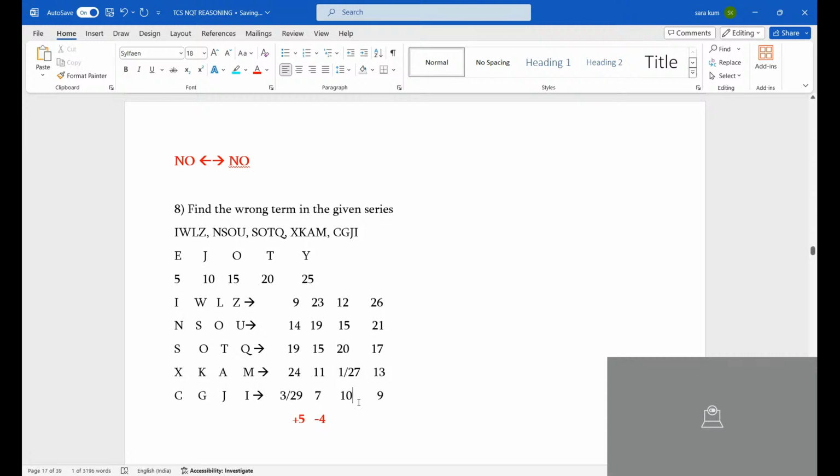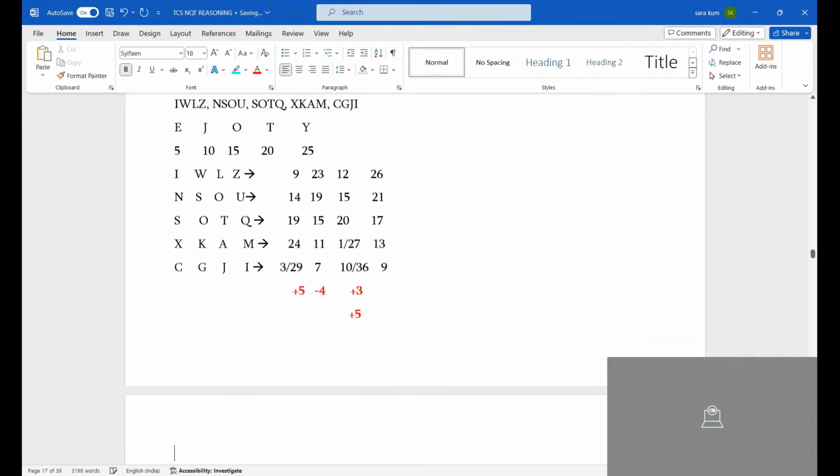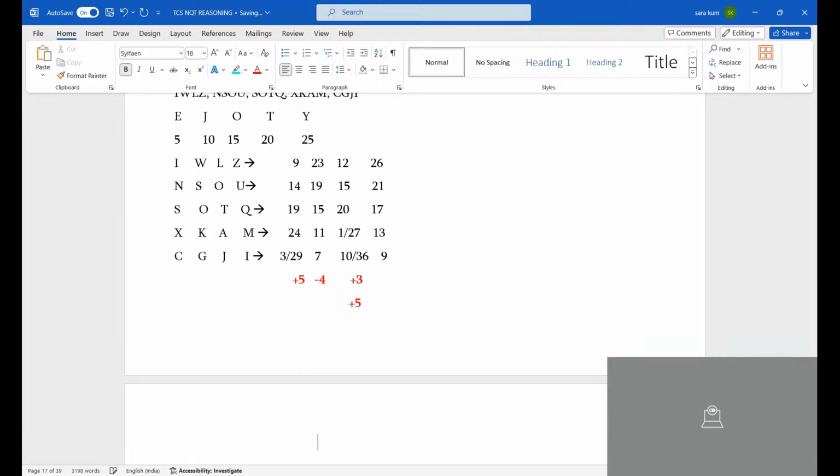Plus 7, this is 10 slash 36. So you could say plus 9. So there is a logic here. Did you find the logic? Plus 3, then plus 5, then plus 7, then plus 9. So it is the odd numbers. It goes like this: plus 3, and then plus 5, and then plus 7, and so on. Okay, it goes like that.